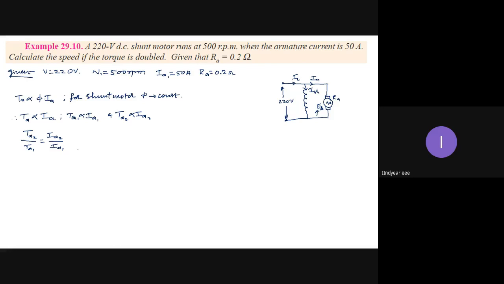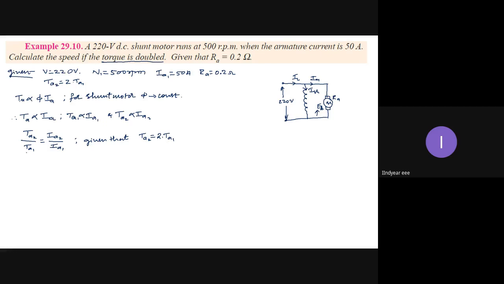Now, what is TA2? Calculate the speed if the torque is doubled. It means that in the second case, the torque is twice the first case.